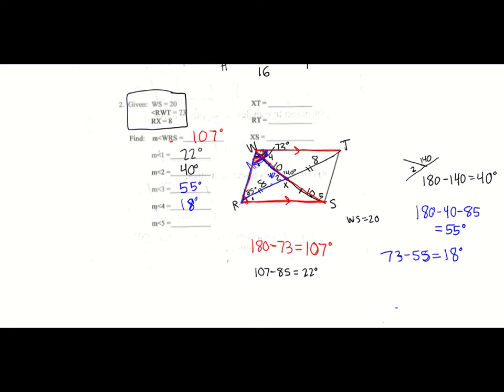So if you look at angle 5 here, that angle is an alternate interior angle to angle 3. That got erased a little bit. We'll rewrite angle 3. So that makes angle 3 and angle 5 equal to each other. If angle 3 is 55, that makes angle 5 also 55 degrees.